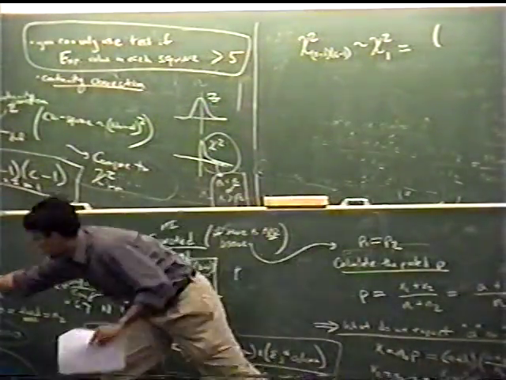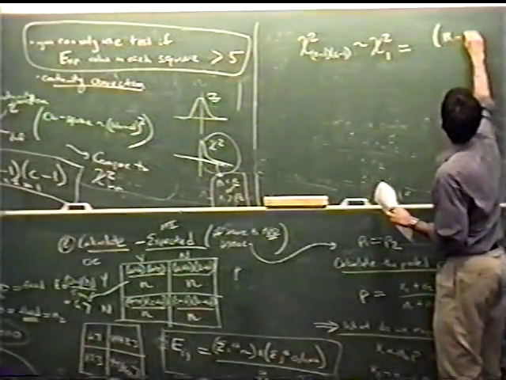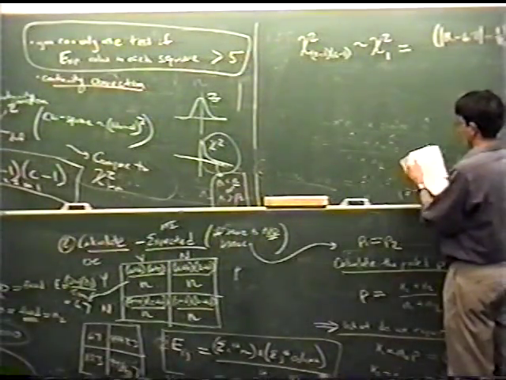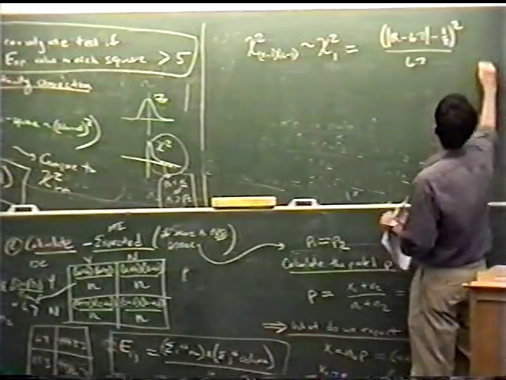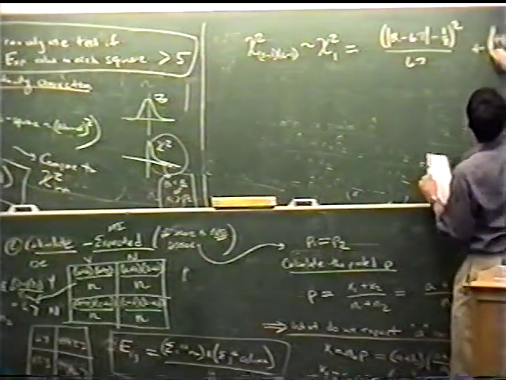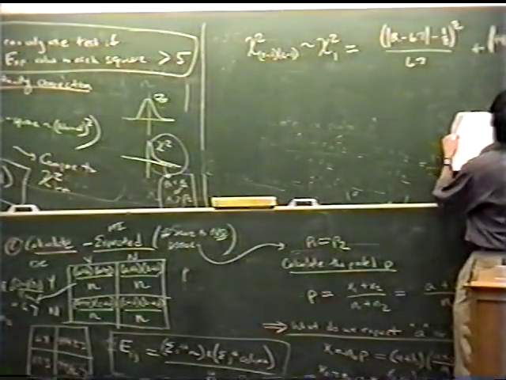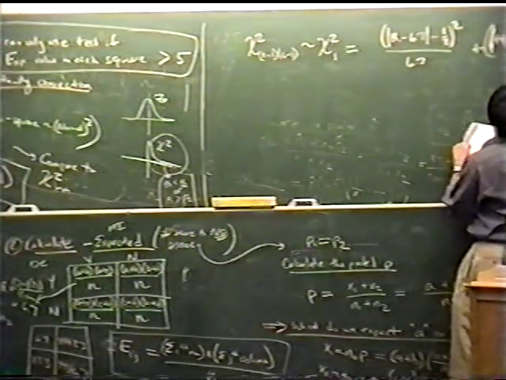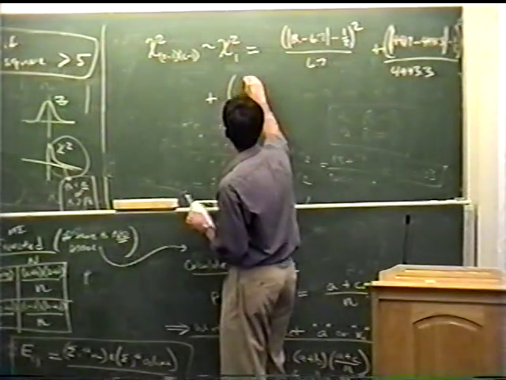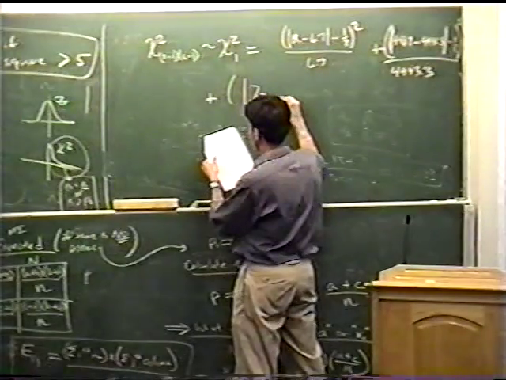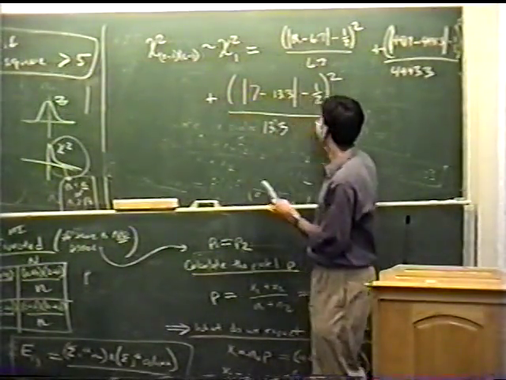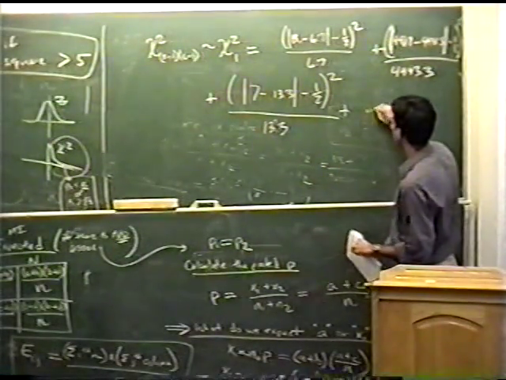It's going to be the observed here, 13 minus 6.7, the absolute value of that, minus 1/2 squared, all over 6.7, plus the second block, the absolute value of 4987 minus 4993.3 minus 1/2, that value squared, all over 4993.3, plus the third value, 7 minus 13.3 minus 1/2 squared, all over 13.3, and plus the last value, which you guys can figure out.